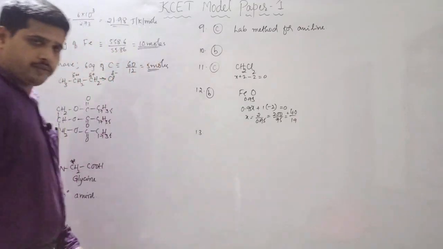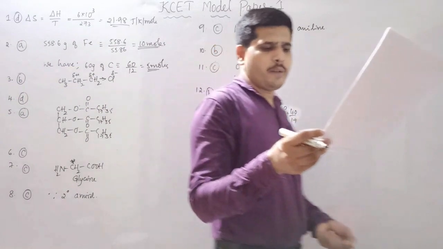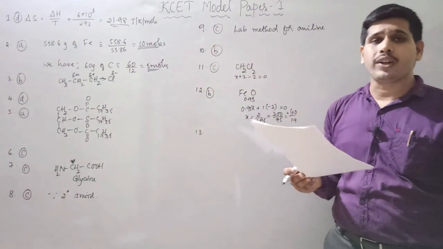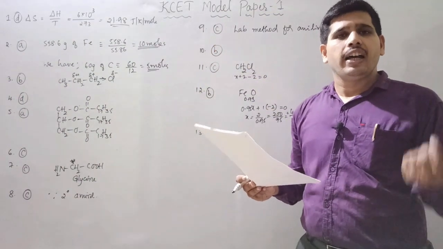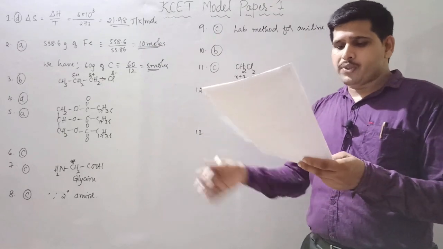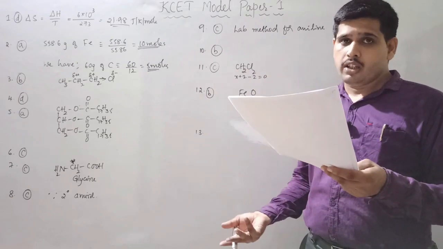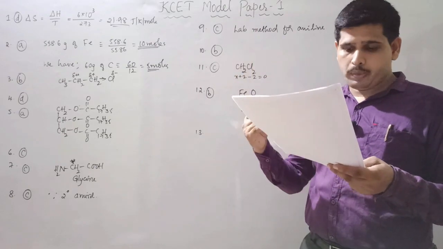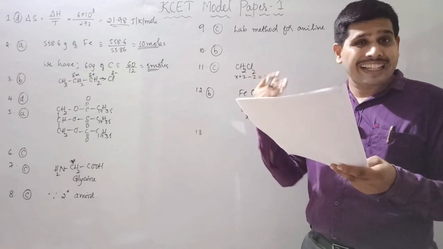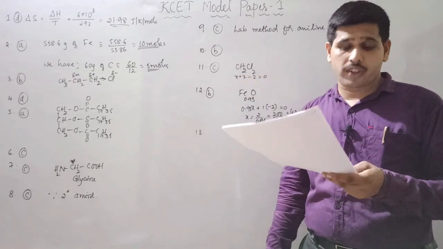Next, 13th one. Which one of the following sets of ions represents a collection of isoelectronic species? What are isoelectronic species? Those species having the same number of electrons. So if you observe, see option B, barium and strontium, which cannot be because they come down the group in alkaline earth metals. Strontium atomic number is 38, whereas barium is 56.